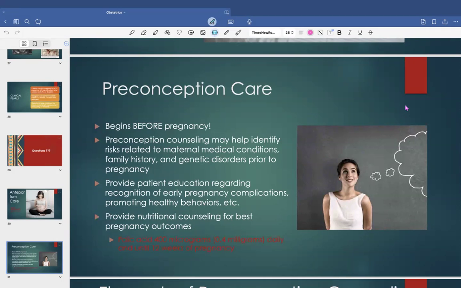For example, in red, you'll see folic acid. The CDC recommends all women of reproductive age get 400 micrograms of folic acid every day, as it has been shown to reduce the risk of neural tube defects, like spina bifida.